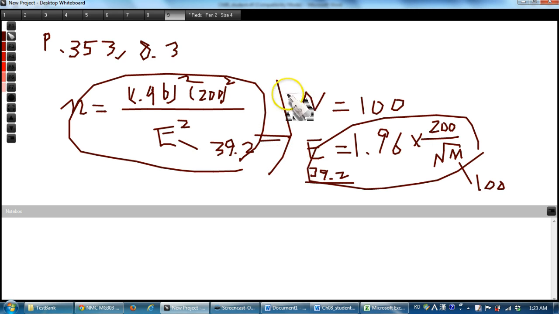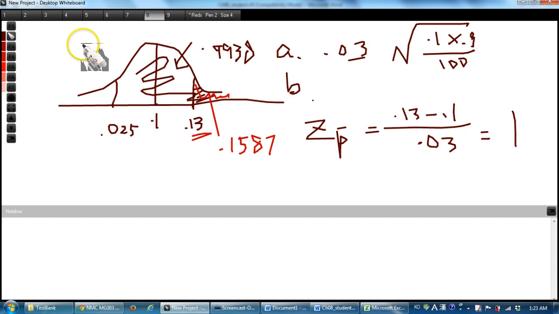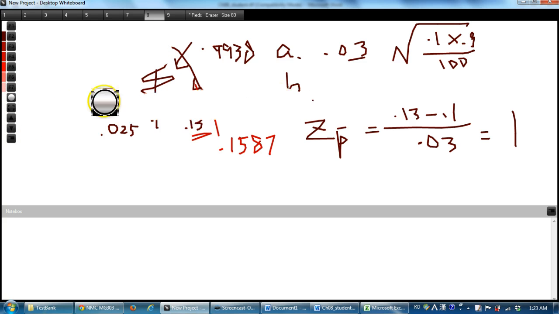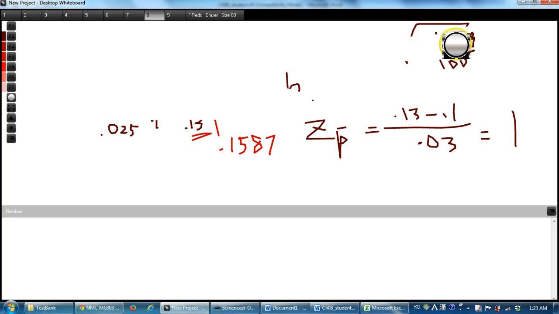The other one, question number 43, is pretty much the same kind of deal, but from a different perspective, the proportion side. Let's erase it. That's what we discussed last time.